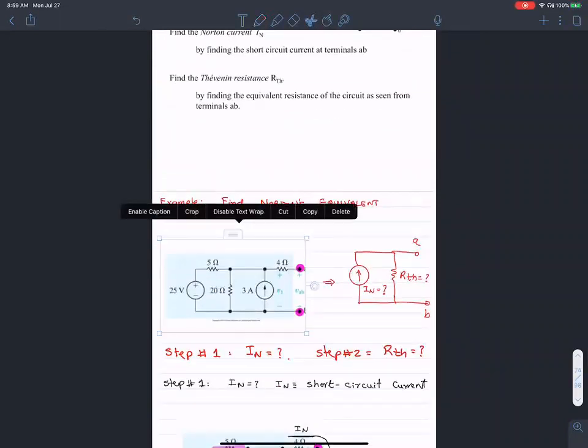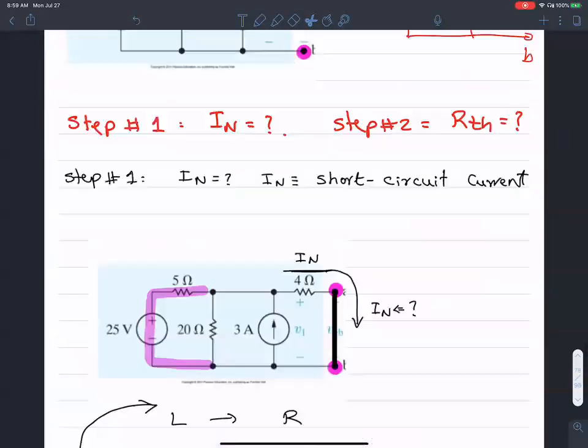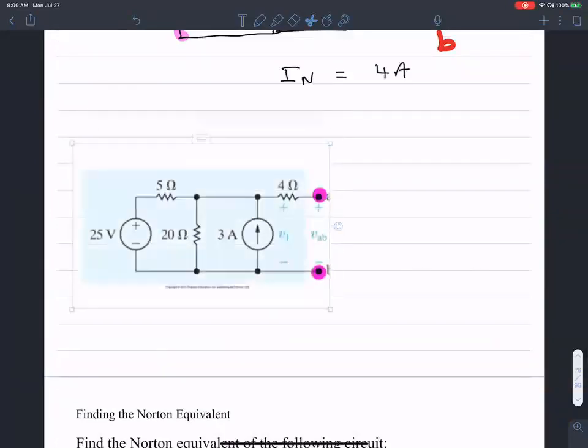Copy this. So the problem is to find the Norton's equivalent of this circuit. I want to express this as a current source with a resistance.